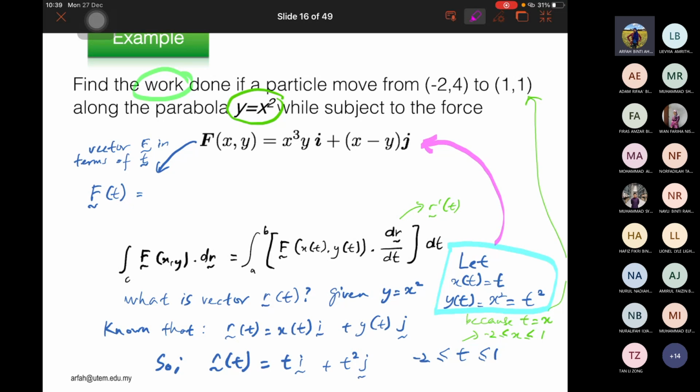So thank you Nadia, Nadia's answer is correct. So just substitute x equal to t and y equal to t to the power of 2. So you will have t cubed times t squared i, plus t minus t squared j, where it will become t to the power of 5 i plus (t minus t squared) j. Okay. So that is the vector F of t.